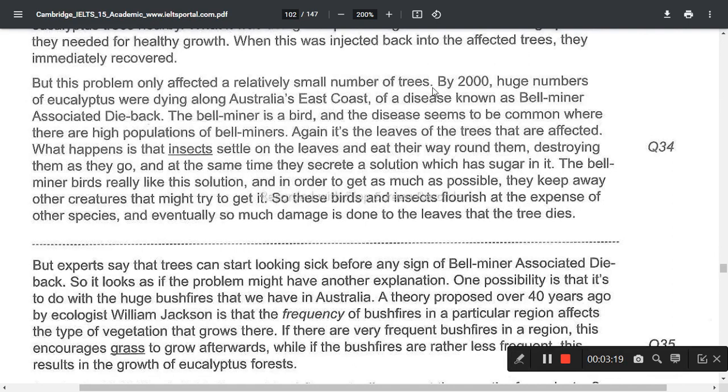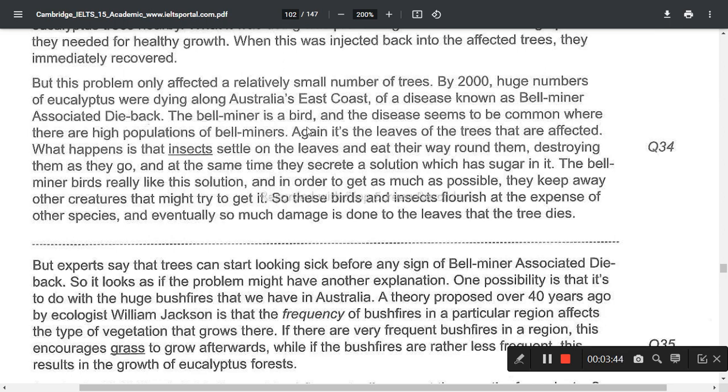By 2000, huge numbers of eucalyptus were dying along Australia's east coast of a disease known as bell miner associated dieback. The bell miner is a bird, and the disease seems to be common where there are high populations of bell miners.